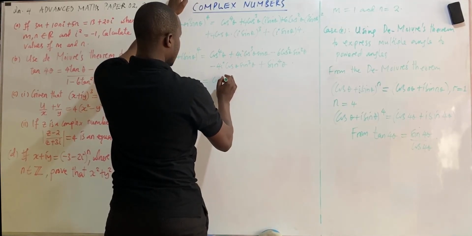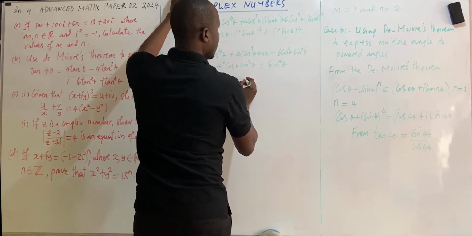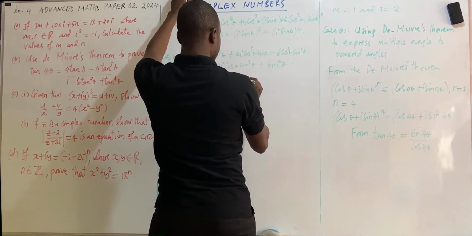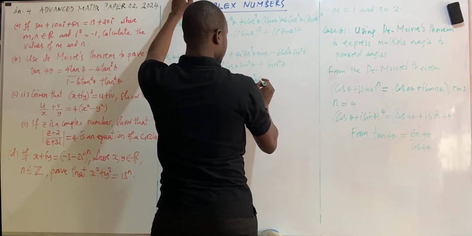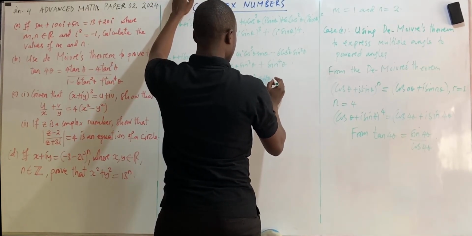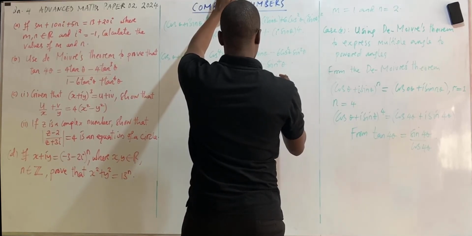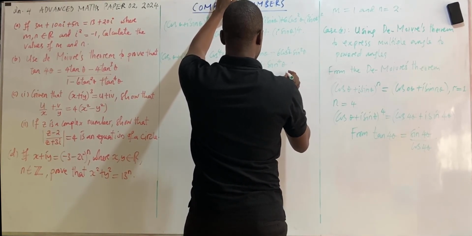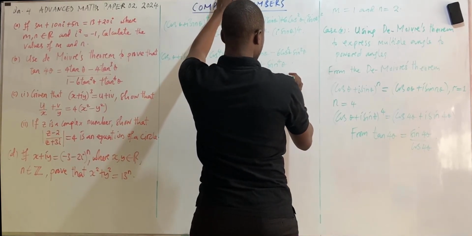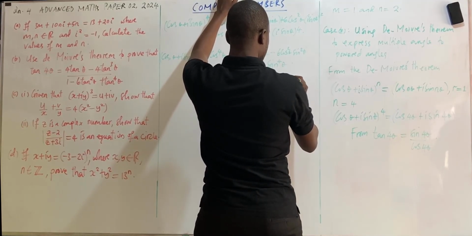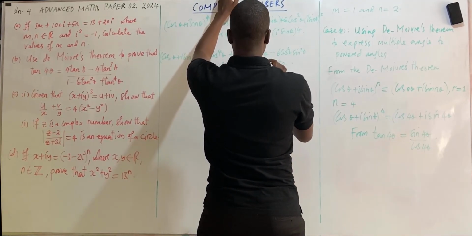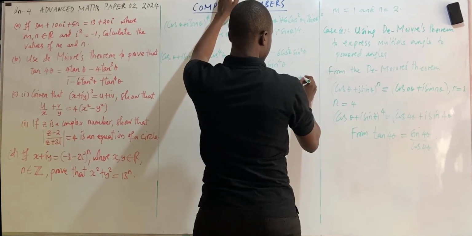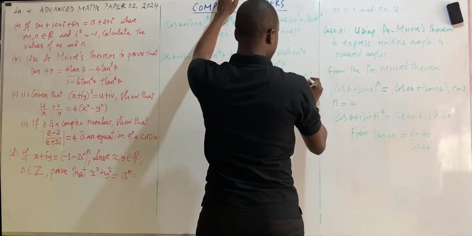So we end up getting cosine raised to 4 theta, then minus 6 cosine square of theta, sine square of theta. Then now we plus the sine quartic of theta. Then we come to the imaginary part now, plus i bracket.